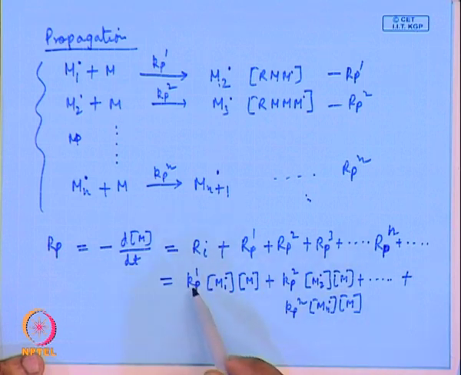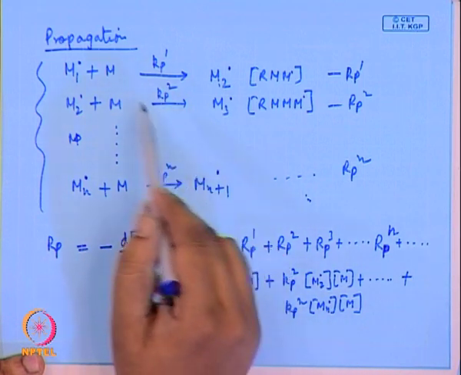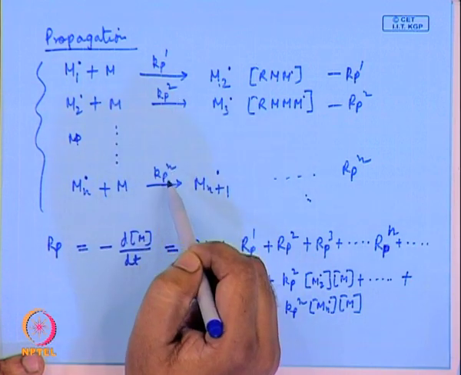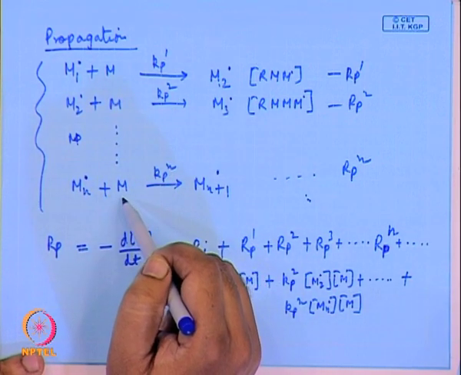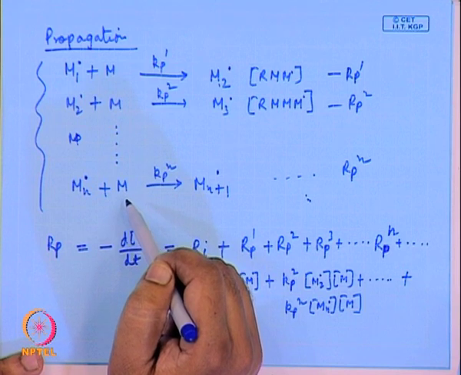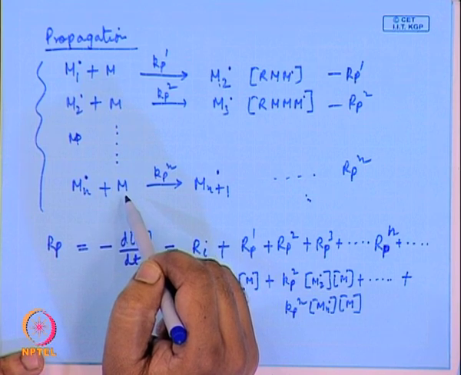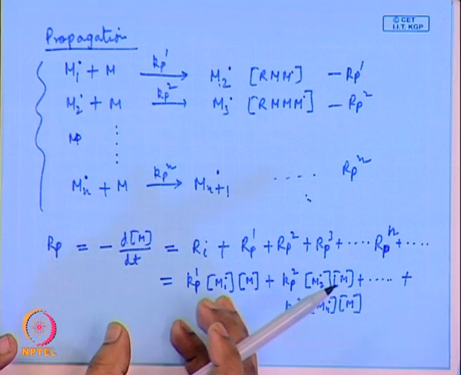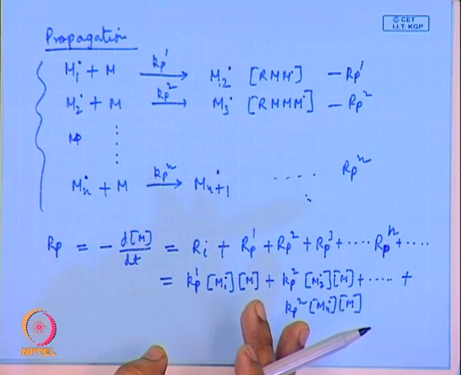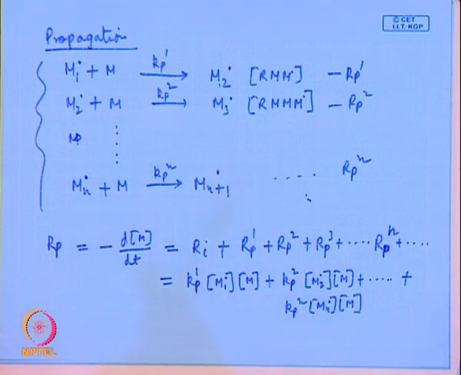So, what is assumed is that the rate constants for all these propagating reactions are the same. It is similar to the assumption we made for step growth polymerization, the assumption of equal reactivity of the functional group. Remember we talked about in step polymerization that the reactivity of the functional group present at the end of an oligomeric chain or a polymeric chain does not depend on what is present on the other side, whether the other group is reacted, or what is the length of the oligomer.